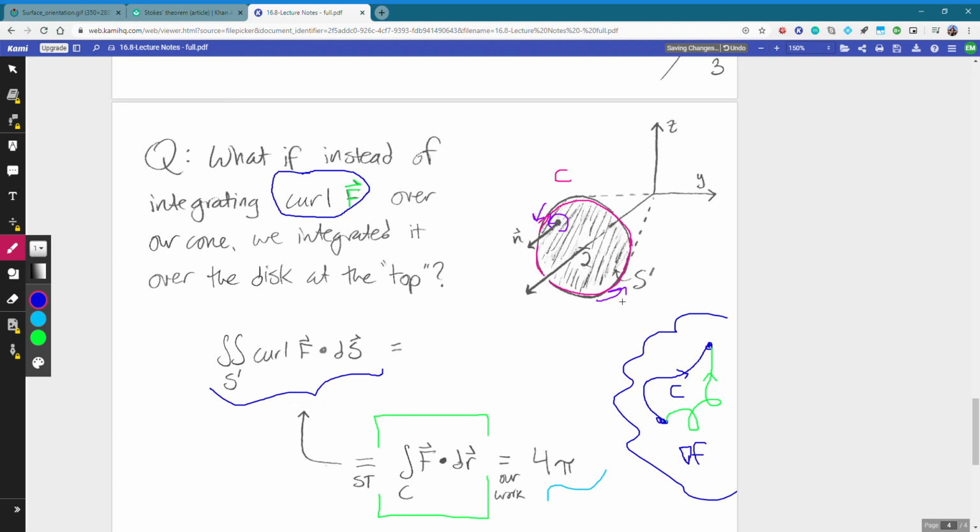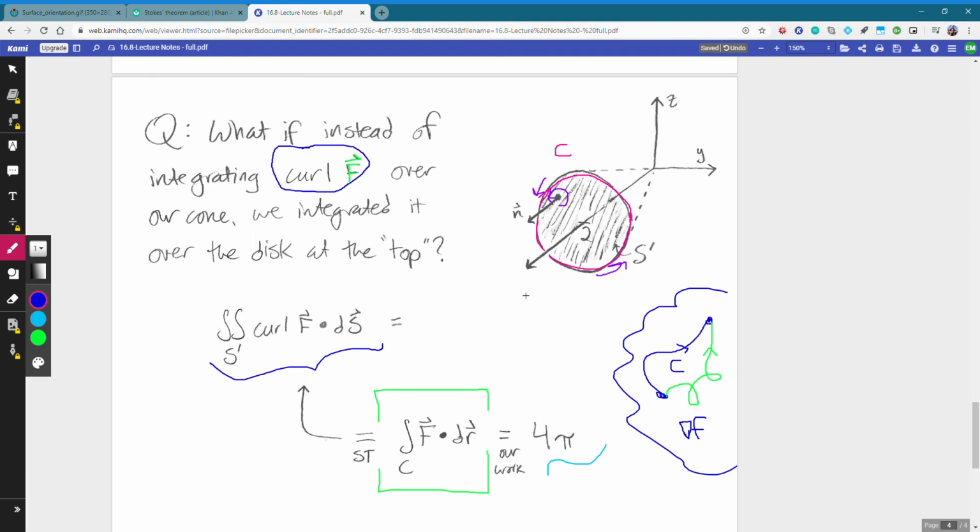Well, here, Stokes' theorem shows us that if we took any other surface with the same boundary curve in pink, if we took this top of the ice cream cone, we maybe blew it up so it was coming out this way, but still had this curve as its boundary, we'd get the same thing integrating the curl of our vector field.